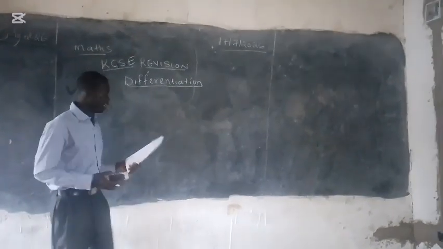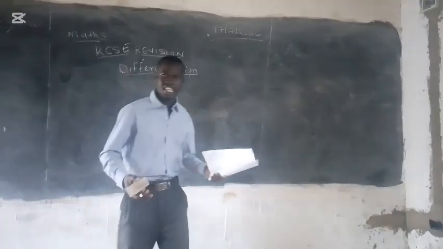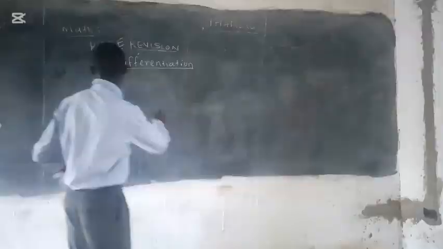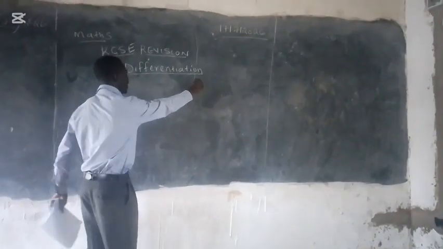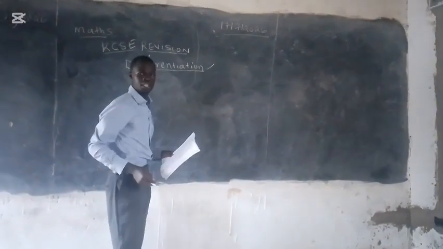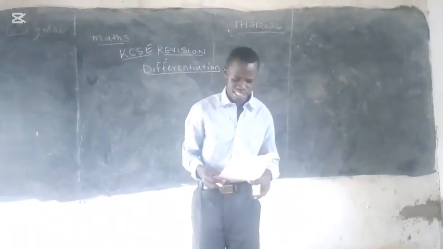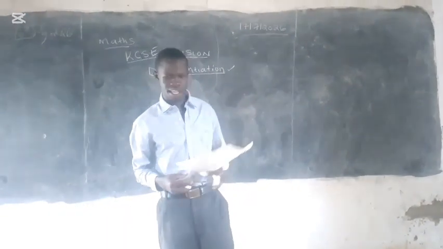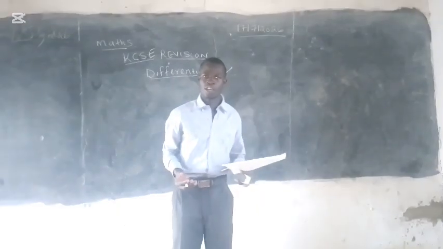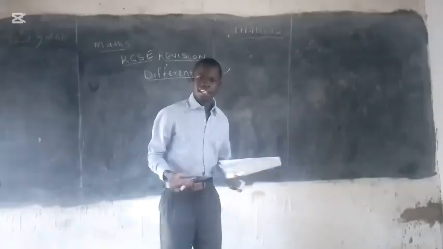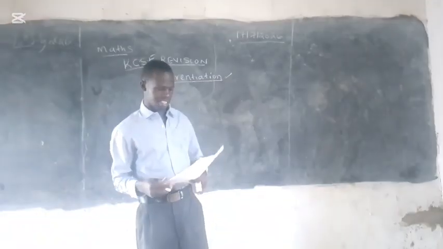Now, dear students, today I want us to navigate through mathematics by looking at differentiation. Under differentiation, we will look at key points that are mostly set in KCSE exams, especially for those who are going to sit for KCSE 2026.